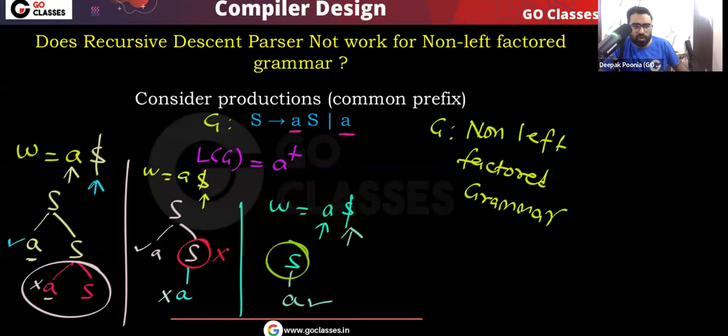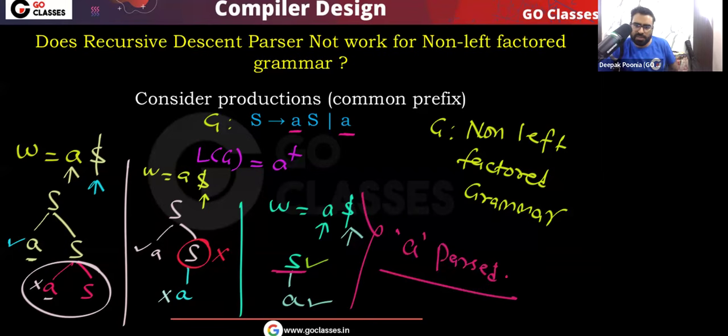Now you can see from this S point of view, all its branches are matching. All its branches are successful. So I can say this S is also successful. Also, we are at dollar. So overall, I can say that this A has been parsed successfully.